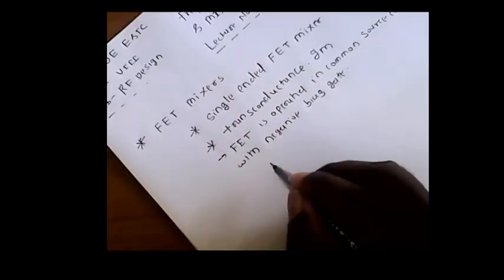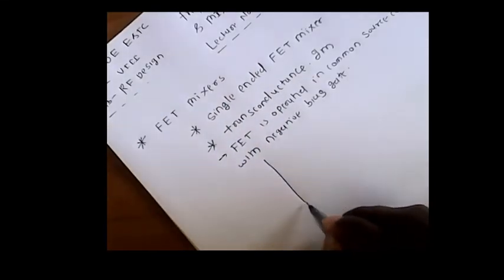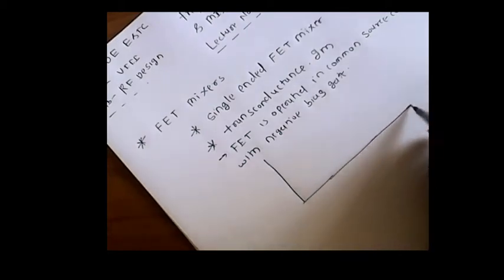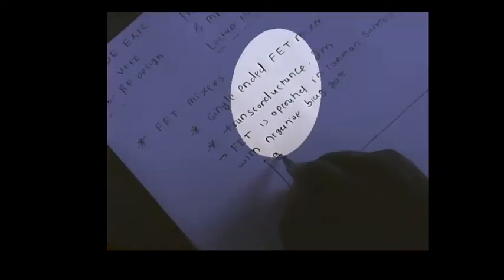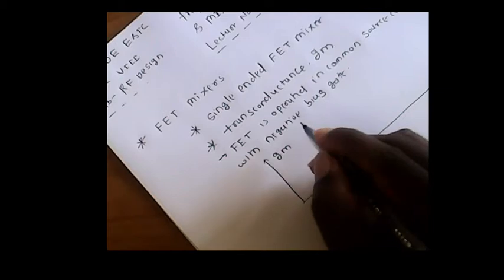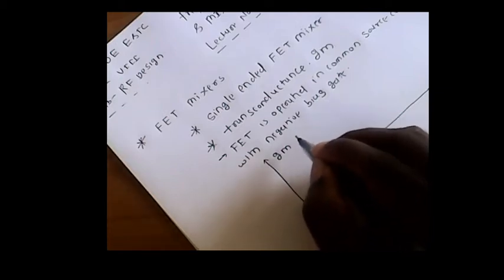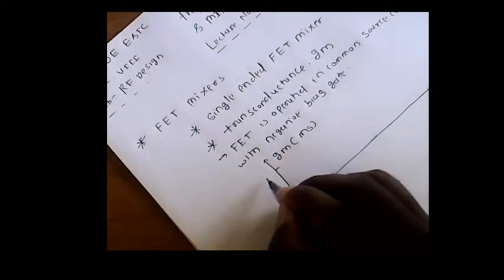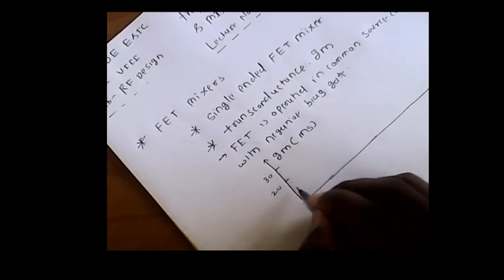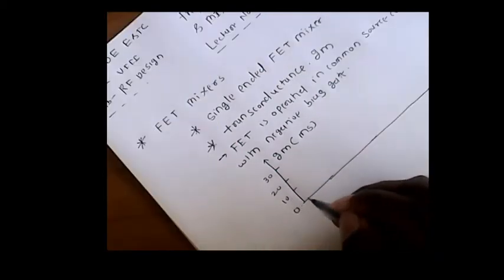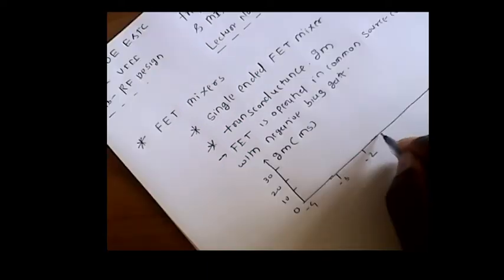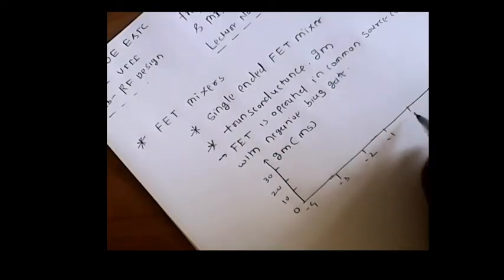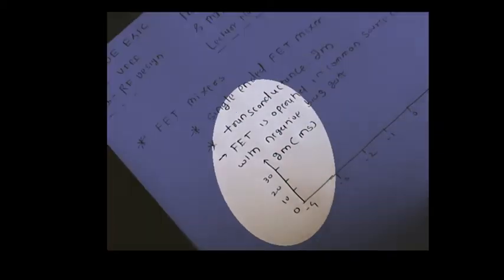The figure will be shown: negative bias voltage, GM in millisiemens, 30, 20, 10, 0, and gate to source voltage -4, -3, -2, -1, 0.